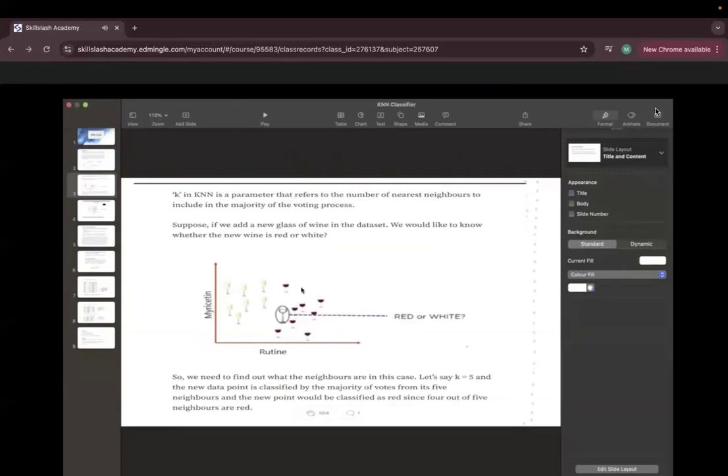The major concern is we have one glass of wine where the component is not known, which means we don't have any idea. Inside that wine glass, do we have rutine available? Myristoyne available? We don't have an idea. This is what we can say is the new data point coming into the picture.